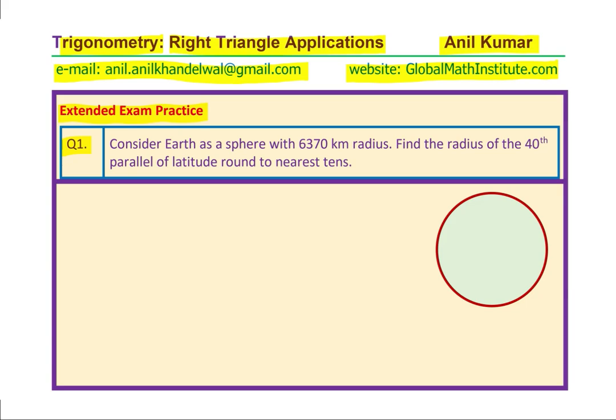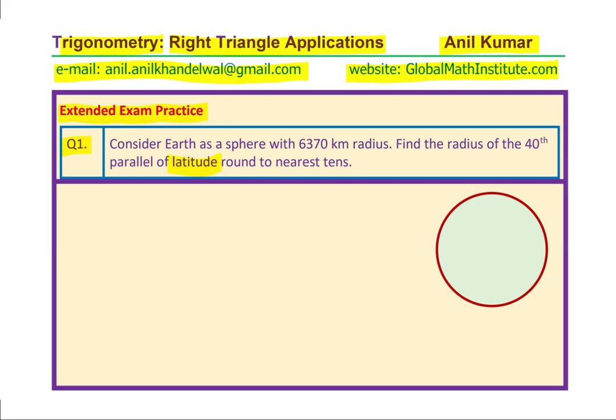You can pause the video and answer this question. Here is the Earth shown to you. Let us see how we solve this particular question. To begin with, let's try to understand what latitude really means.